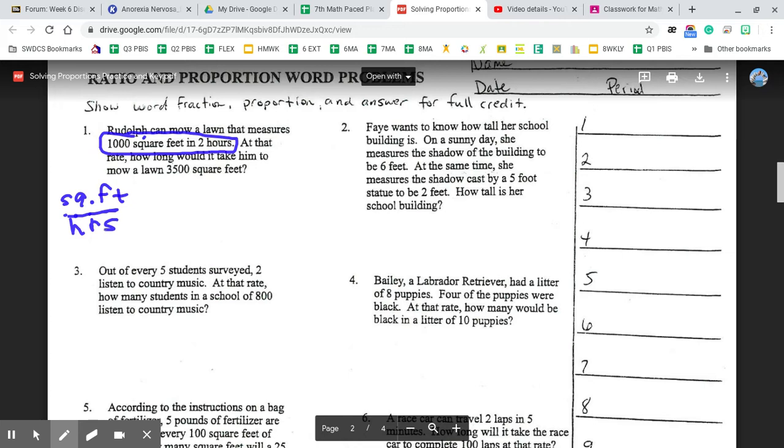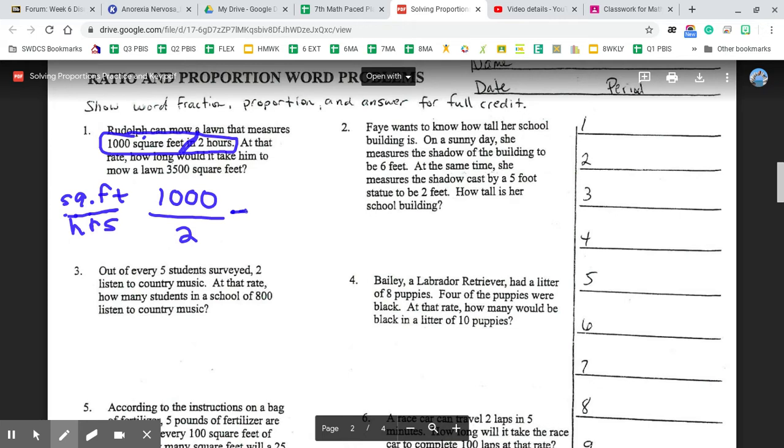At that rate, how long would it take him to mow a lawn 3,500 square feet? So we're going to write our first ratio as 1,000 over 2, because it's 1,000 square feet in, which is another word for our fraction bar, 2 hours.